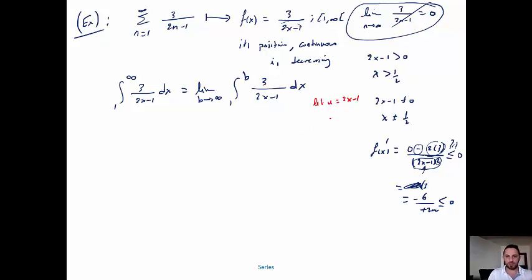You cannot integrate in u with respect to dx, you need to replace dx with du, so du over 2 is dx. So I can replace this. This is the limit as b goes to infinity of the integral of 3 over u, and instead of dx, you have du over 2.